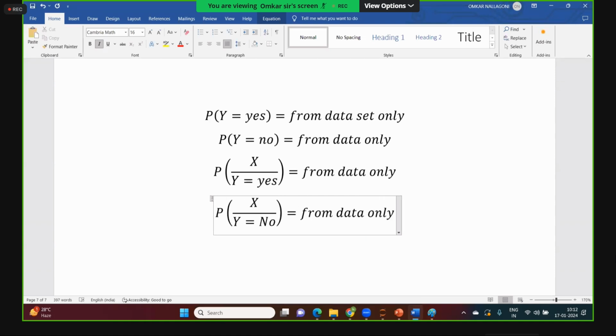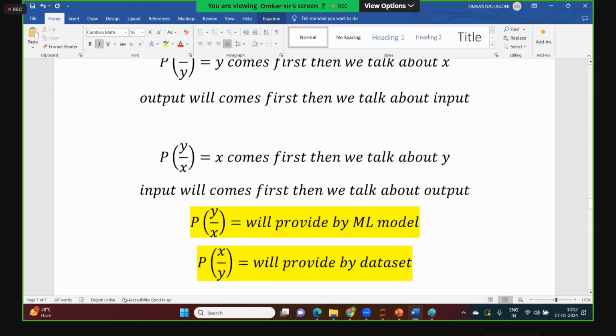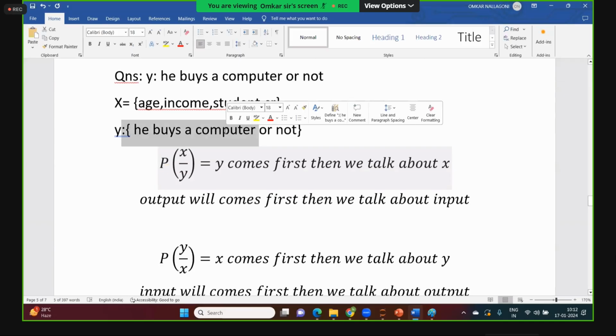So again, I'm repeating from the start. Be careful, look at the board again. X is your input variables: age, income, student, and credit rating. And Y is whether he buys a computer or not. There are 2 cases I am looking at now.